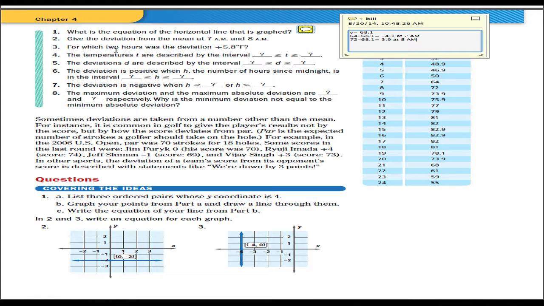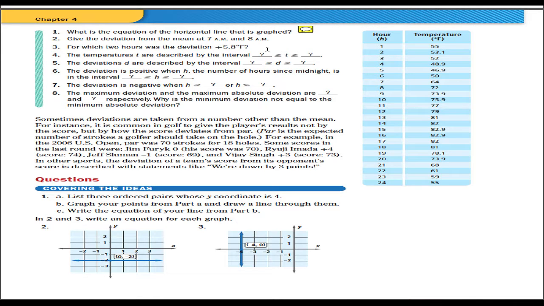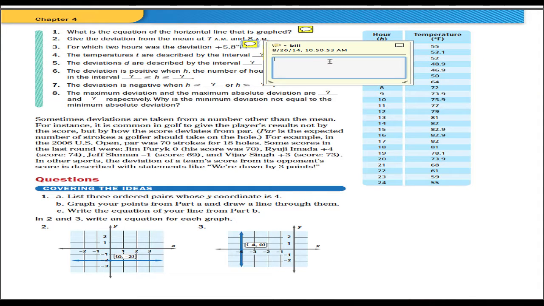And then for question 3, it's asking for which 2 hours was the deviation plus 5.8 degrees. What I want to look for here is 68.1 plus 5.8, because when I subtract 68.1 from that, I'll get my deviation.